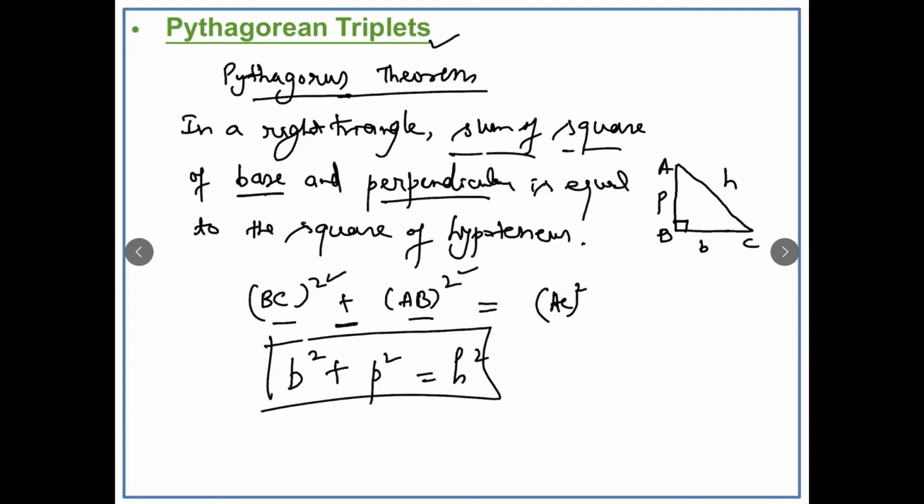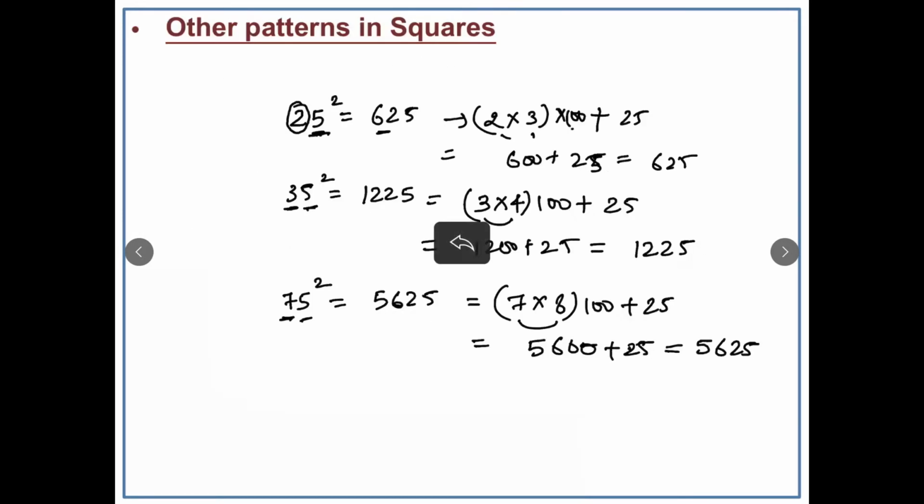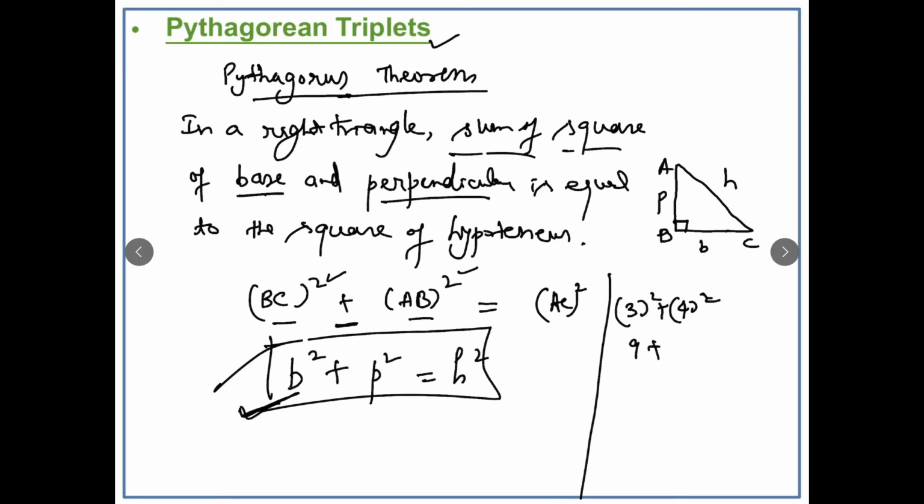So we have B square plus P square is equal to H square. There have to be a few numbers which satisfy this formula of the Pythagoras theorem, and those three numbers will be called a Pythagorean triplet. Suppose we have 3 square plus 4 square, where 3 square is 9 and 4 square is 16.